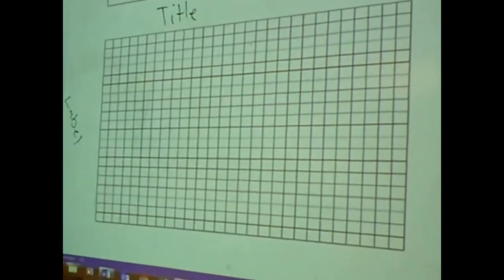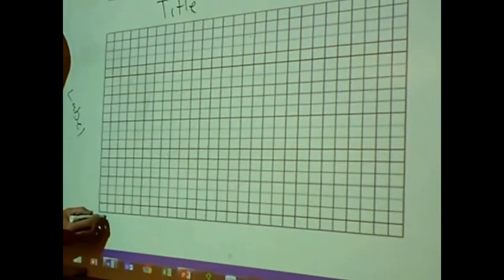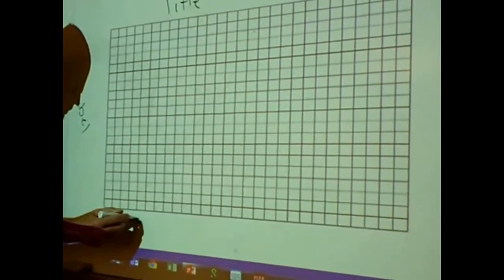All right? Appropriate scale. Whenever you have graph paper, you want to use as much of the graph paper as possible. Some of us were going from 10 to 70 minutes, so some of us were going 10, 20, 30, 40, 50, 60, 70.